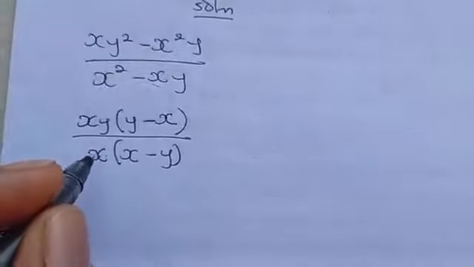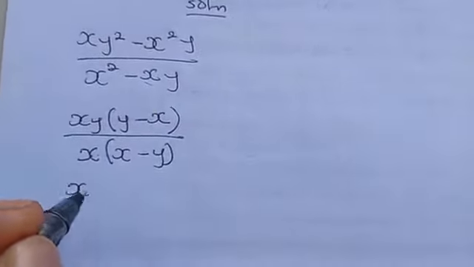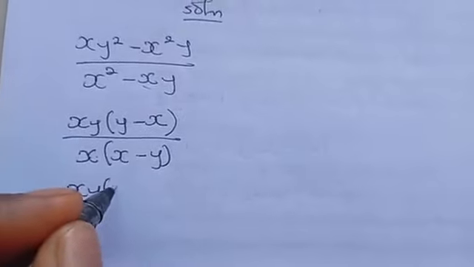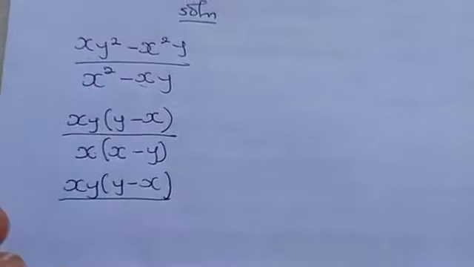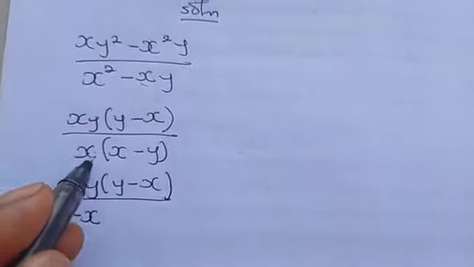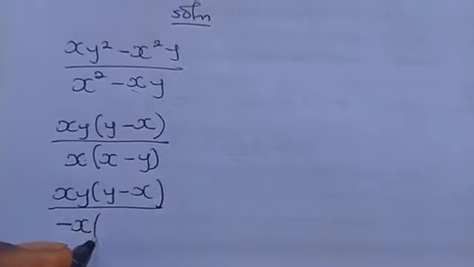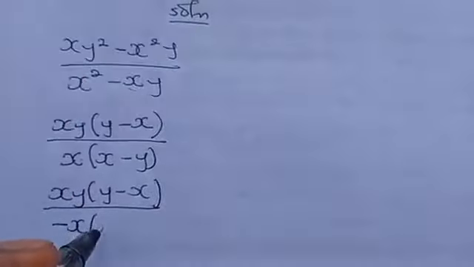That is, if we multiply through by minus 1, we're going to have xy into y minus x in the numerator. Then in the denominator, it will be minus x, that is minus 1 multiplying x, into minus 1 multiplying y, we have y, then minus x.